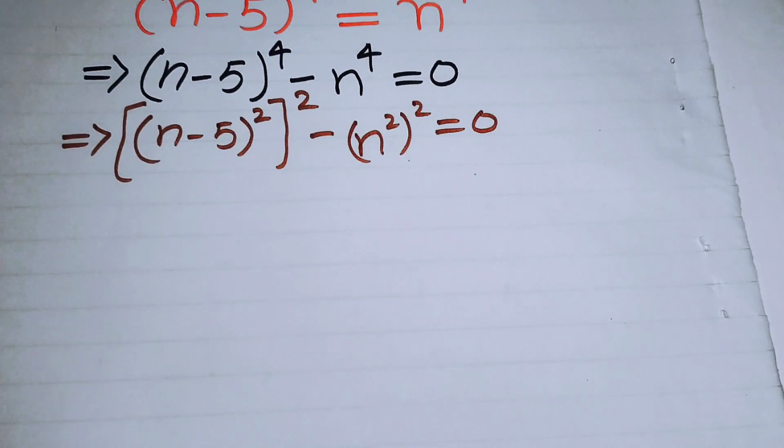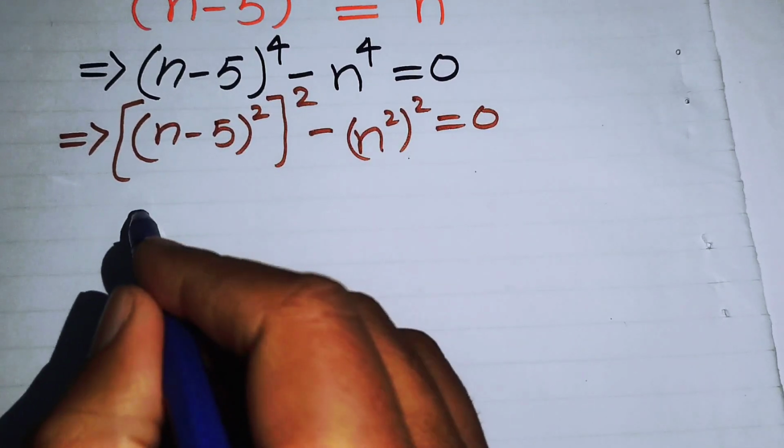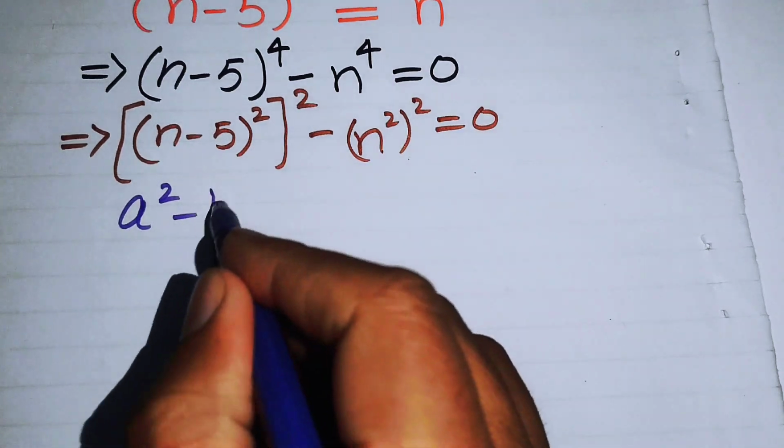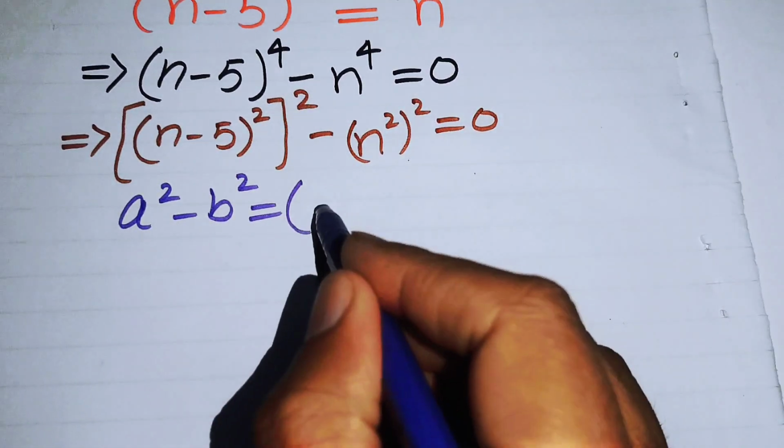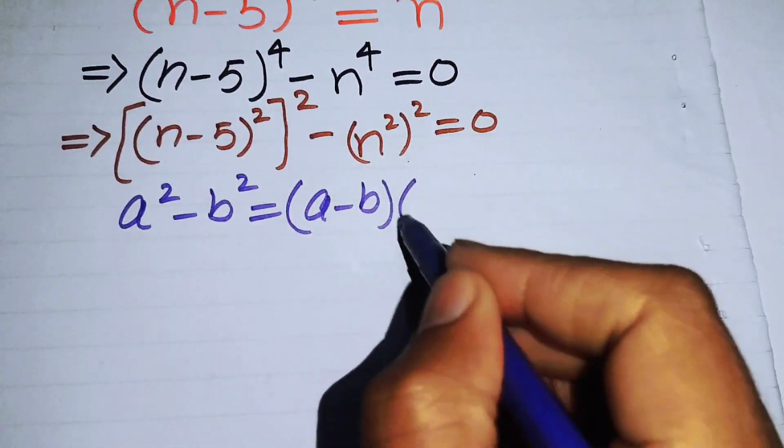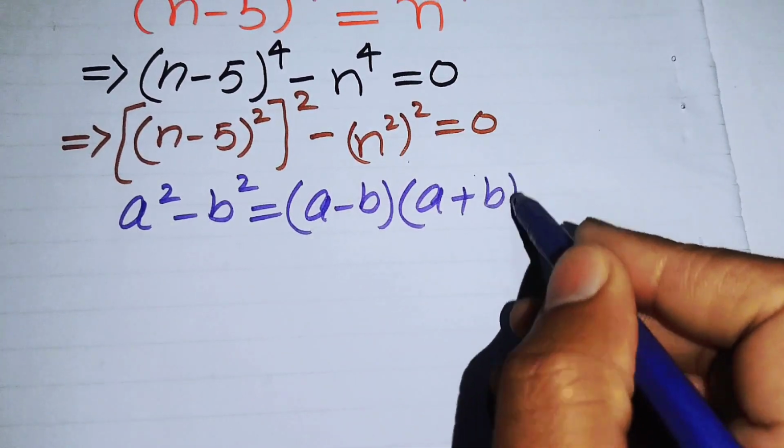So after this step, here we use the nice square identity, and you know about this identity. If we have a square minus b square, it equals (a minus b) times (a plus b).